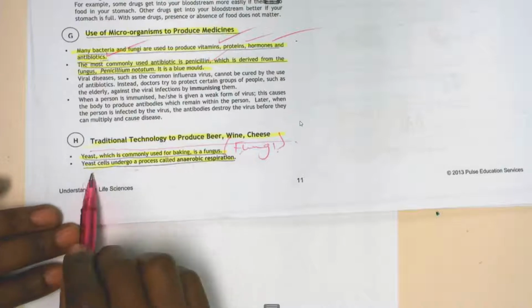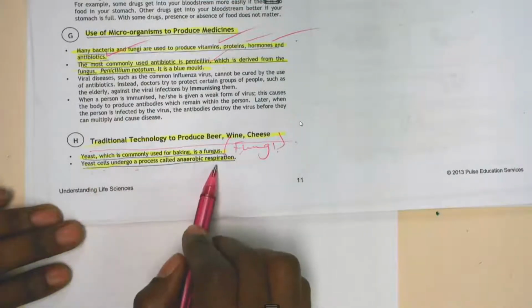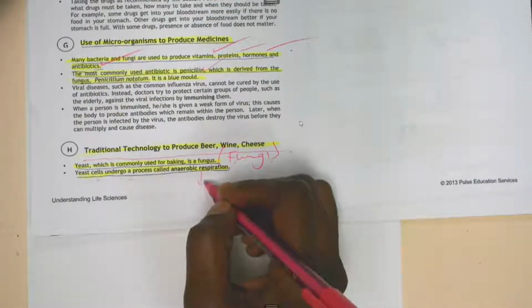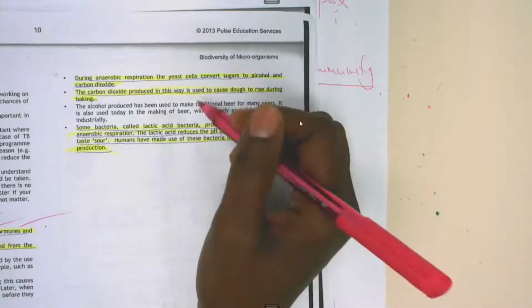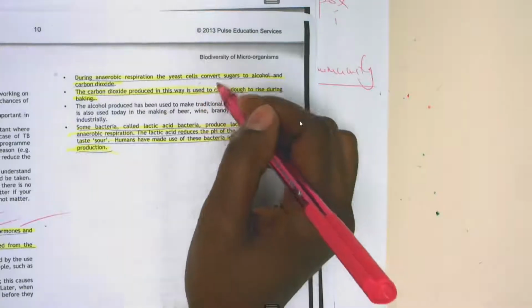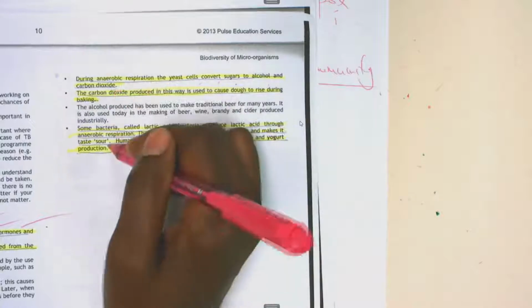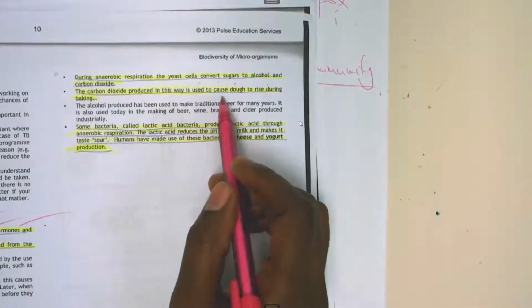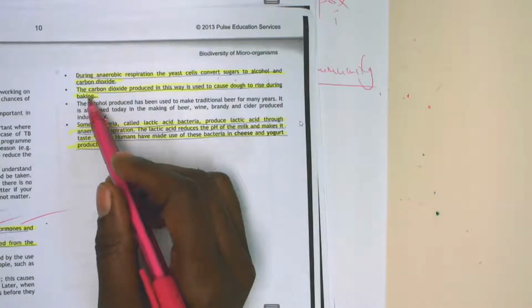So these yeast cells will undergo a process called anaerobic respiration, and you will deal with anaerobic respiration later this year. And this is what happens during anaerobic respiration. The yeast cells convert the sugar into alcohol and carbon dioxide. So the carbon dioxide produced in this way will be used to cause the dough to rise during baking.